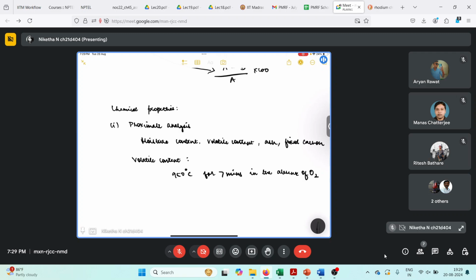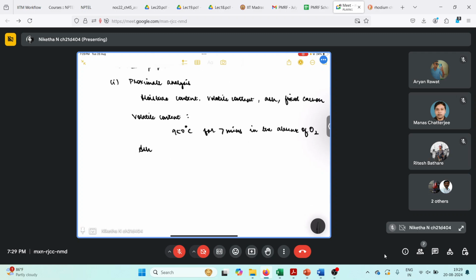Whatever volatile content, volatile solids or volatile organic matter, is there, it will get evaporated and we will be left with only the fixed matter. The fixed matter will be either ash or it can be fixed carbon.